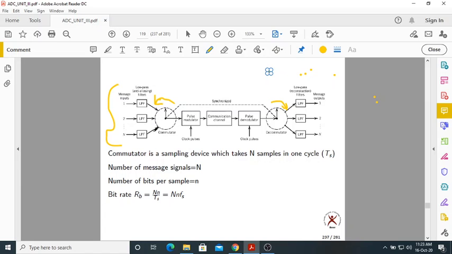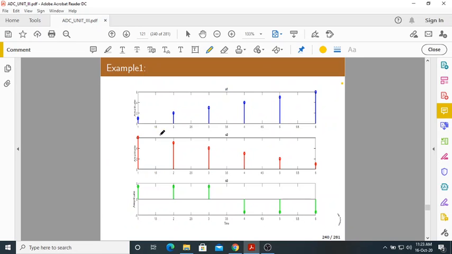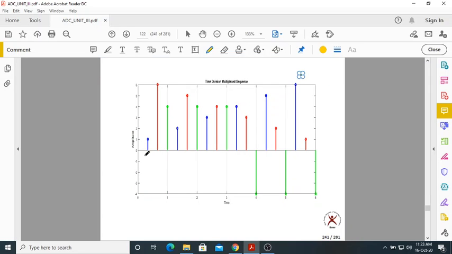In the process of this rotation, it will collect one sample from each of these signals. These are the samples of these 3 signals, collected over a period of Ts seconds.